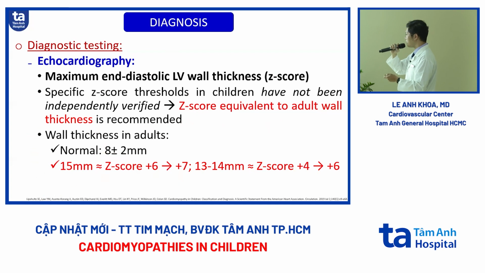We already know the criteria for diagnosis of HCM with a wall thickness of more than 15 millimeters. It's equivalent to a Z-score of +6 to +7 in children. With a wall thickness of 13 and 14 millimeters in a patient with a family history of HCM, the Z-score equivalent is +4 to +6.